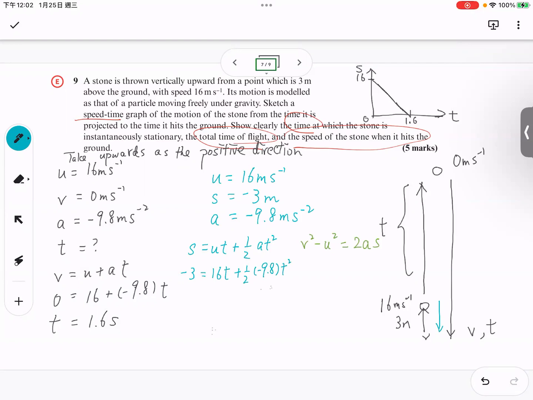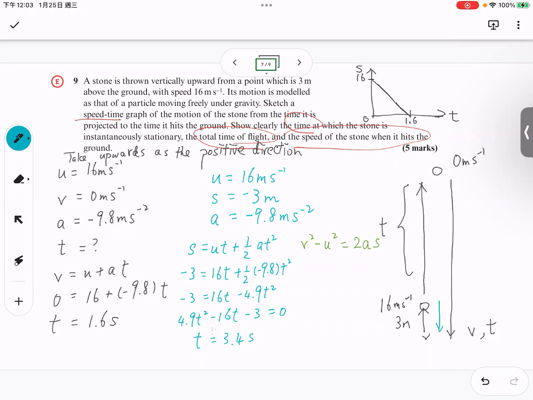That means we have -3 is equal to 16t minus 4.9 t squared. So we can make it a quadratic equation, 4.9 t squared minus 16t minus 3 is equal to 0. By using the quadratic formula, we see that t is equal to 3.4 seconds. And for the other root, you know that one will be negative, so I will not consider it as an answer. So we have t is equal to 3.4 seconds.